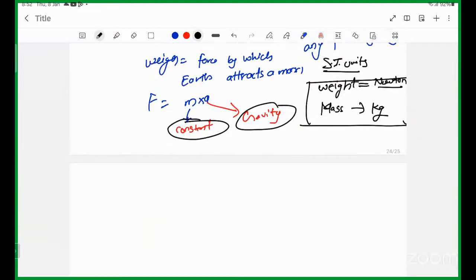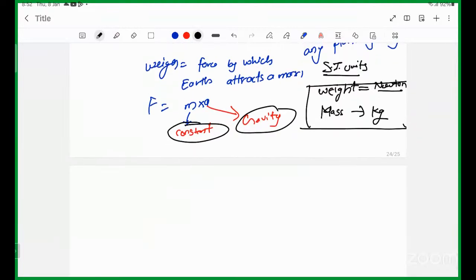In this case, we study the variation in gravity.